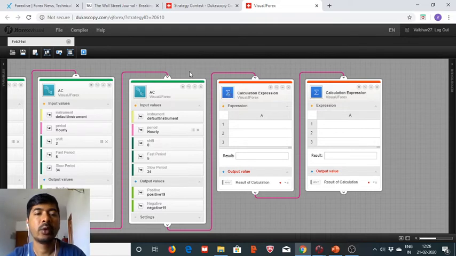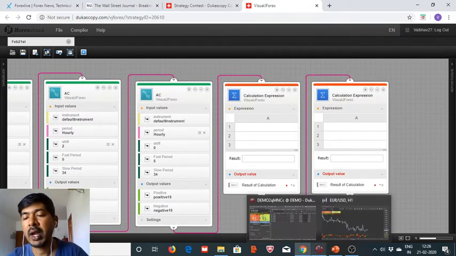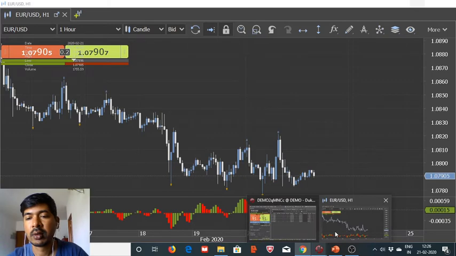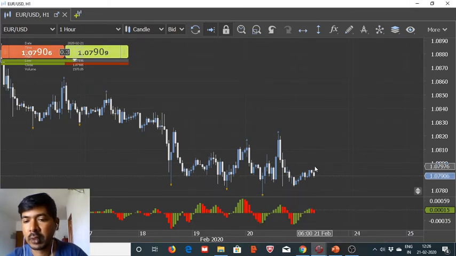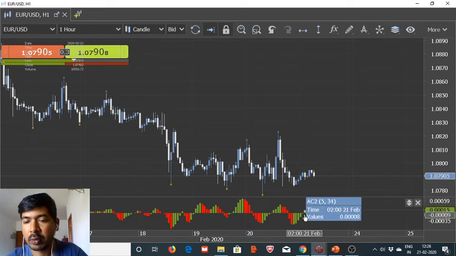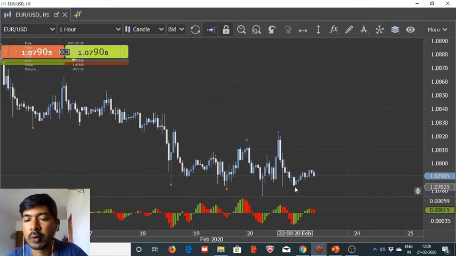and what we do is we add some pips from the current price. So now when the momentum shifts from say bearish to bullish, what we want to do is make sure that there is some buffer for us and the value is a bit lower, and in such a manner we will get an optimum price rather than going in for the market open.